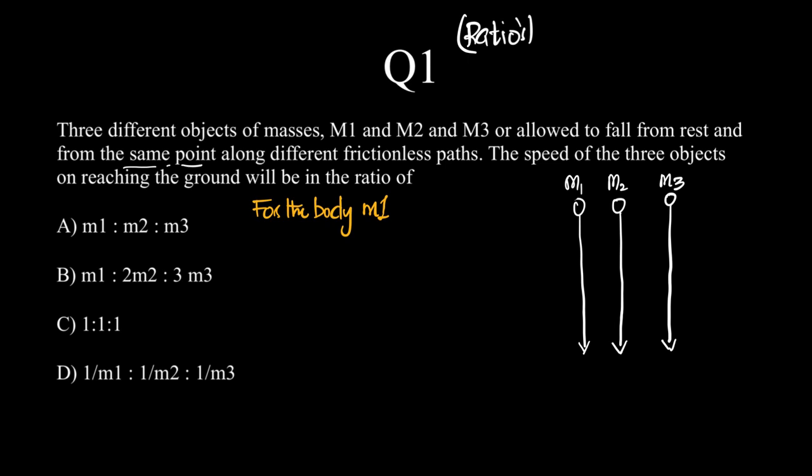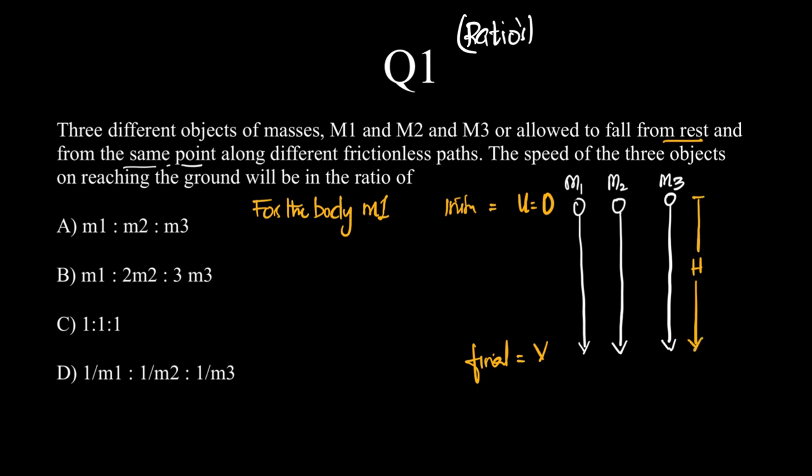The body is dropped from rest, so the initial velocity u will be equal to 0 and it will hit the ground with some velocity v. The distance traveled is the height from which the body is dropped. Is it given? No. So let us take that height as h.